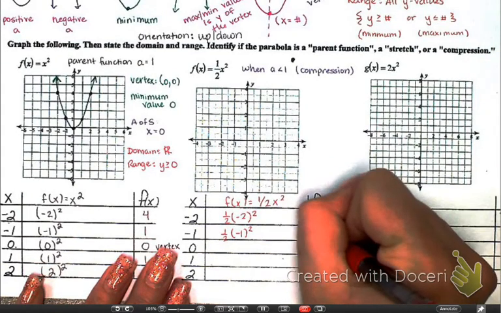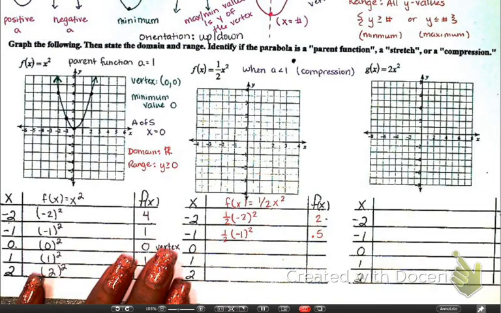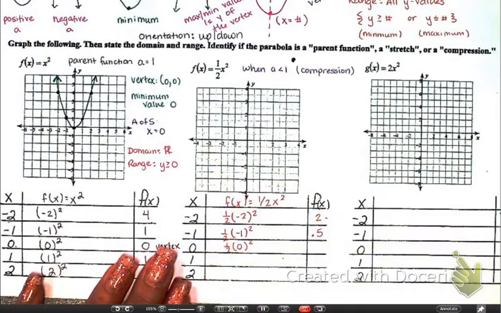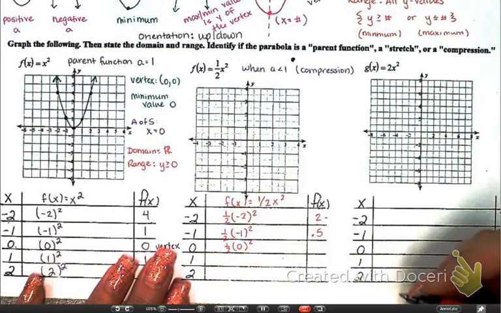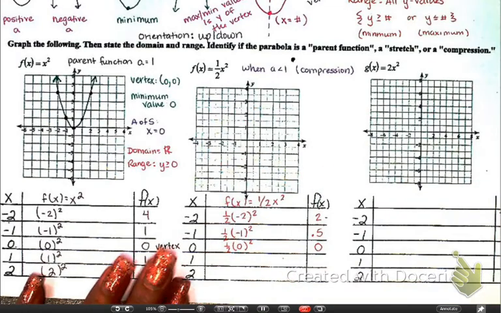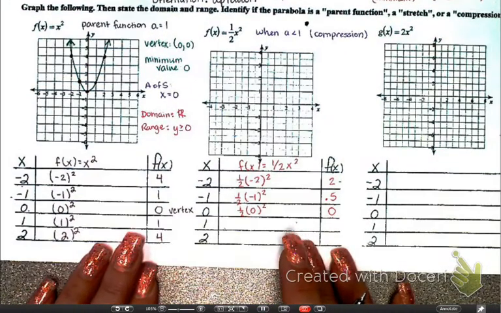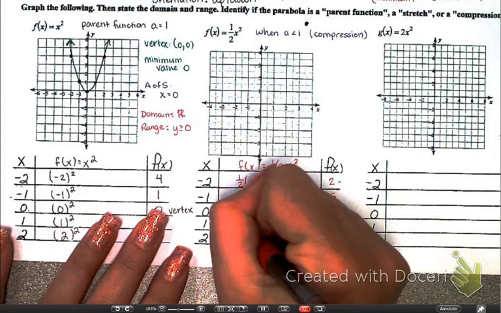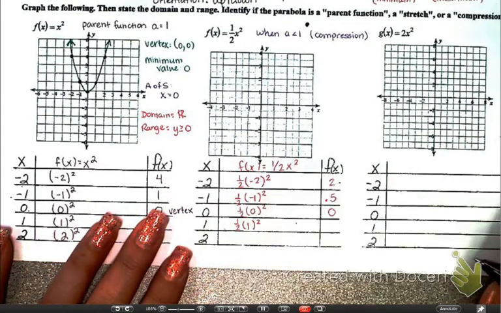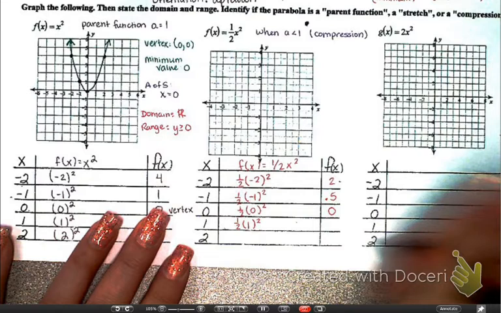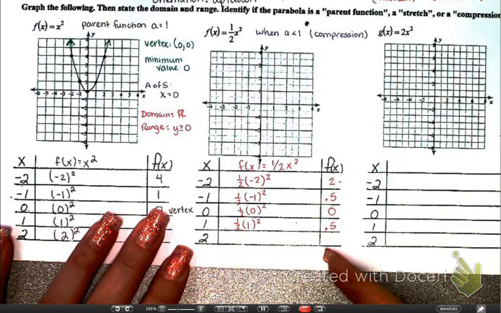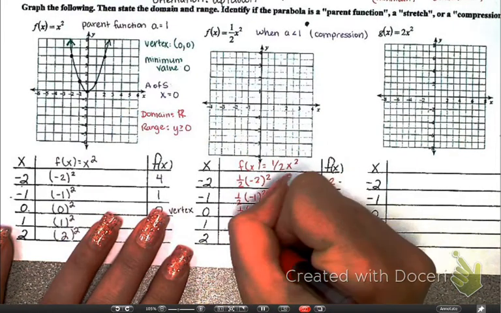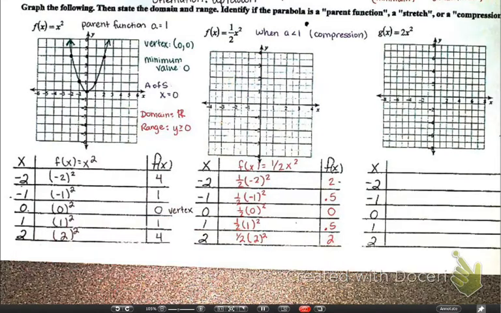I'm going to write 0.5 because I'm going to have to be able to graph it. What happens when I plug in 0? 0 squared is 0. 0 times 1/2 is still 0. What happens when we plug in 1? 0.5 again? Which means what should this last answer be? 2. Because it's symmetrical, so let's just make sure. 2 squared is 4. Half of 4 is 2.